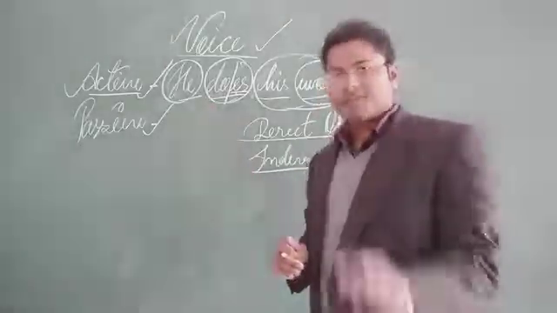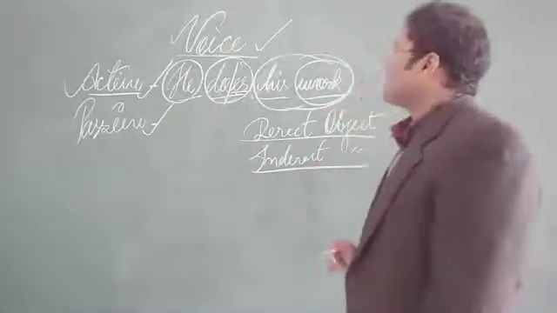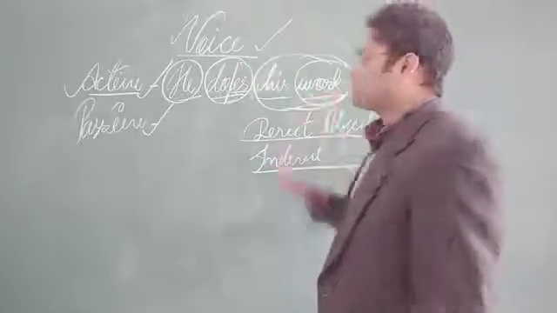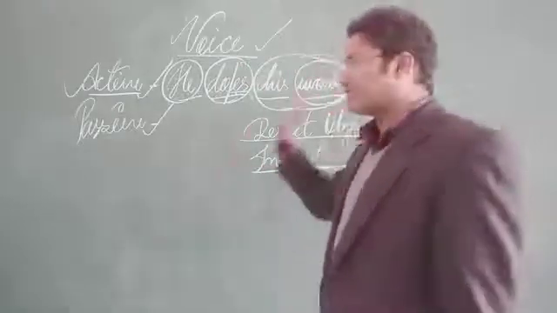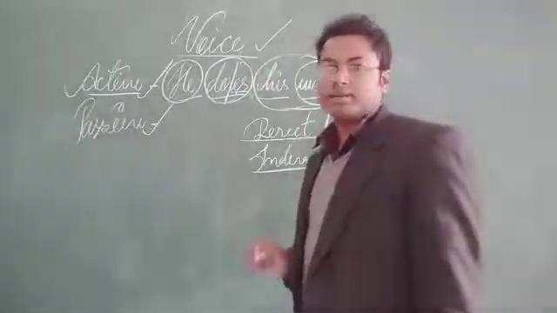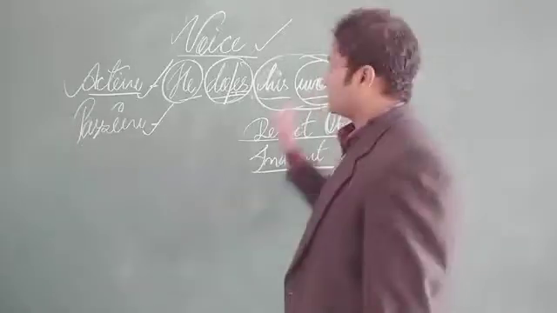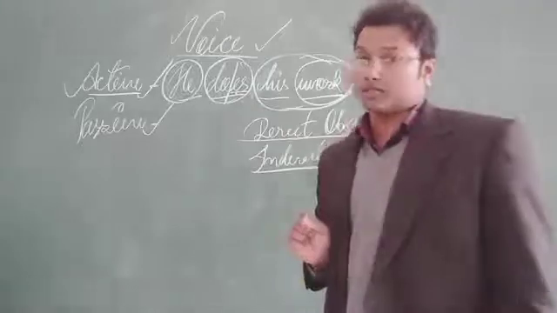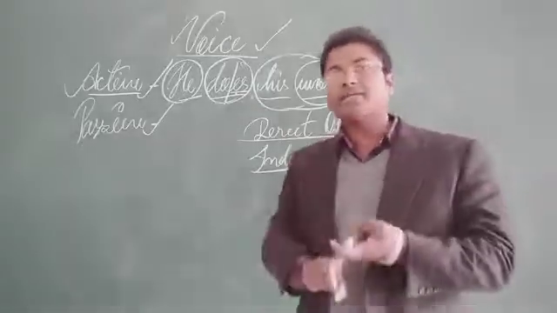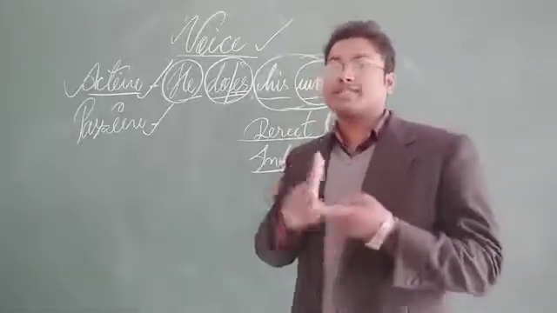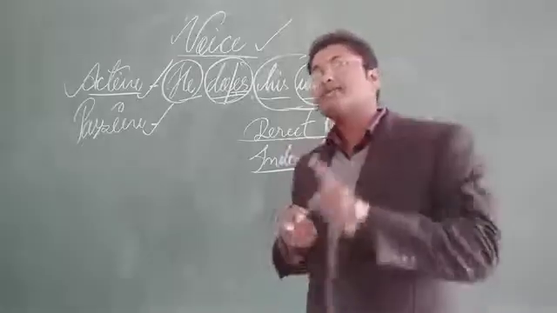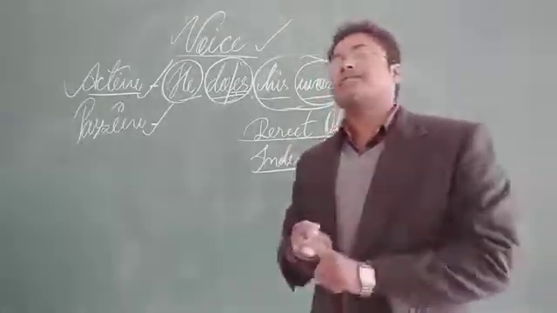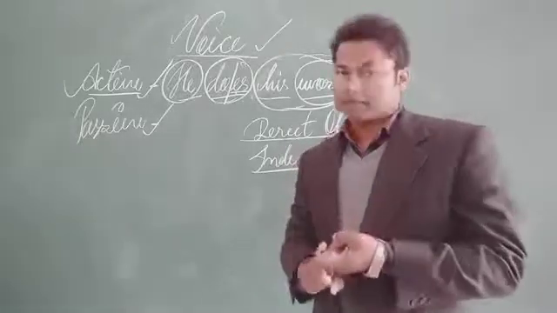Very simple concept. If the verb has accepted an object in the sentence, it will definitely be a transitive verb. If there is no object in the sentence, the verb will be known as intransitive. Transitive is known as sakarmak kriya, intransitive as akarmak kriya.